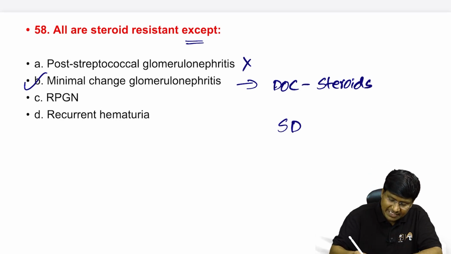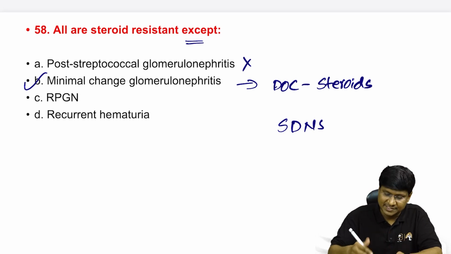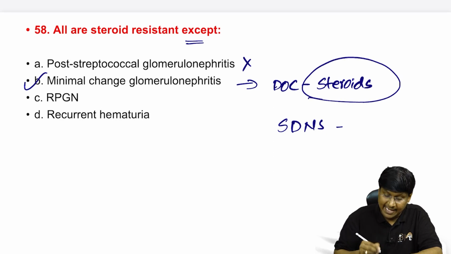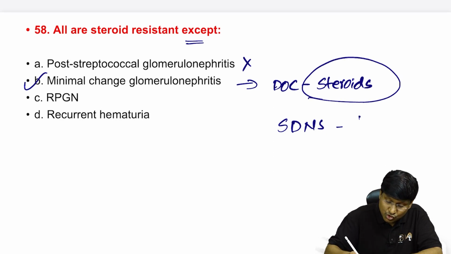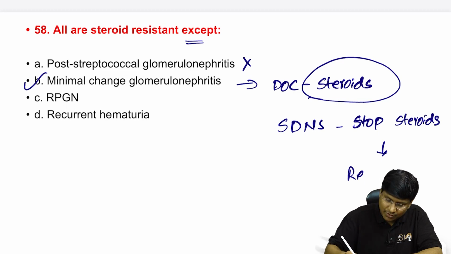And we have a terminology called steroid dependent nephrotic syndrome. Steroid dependent nephrotic syndrome is that you need to give the steroids, and once you stop the steroids, the individual can go into a state of relapse.